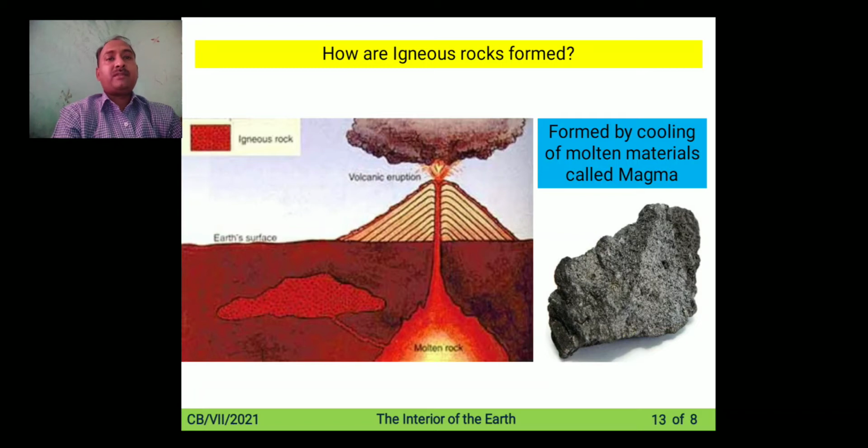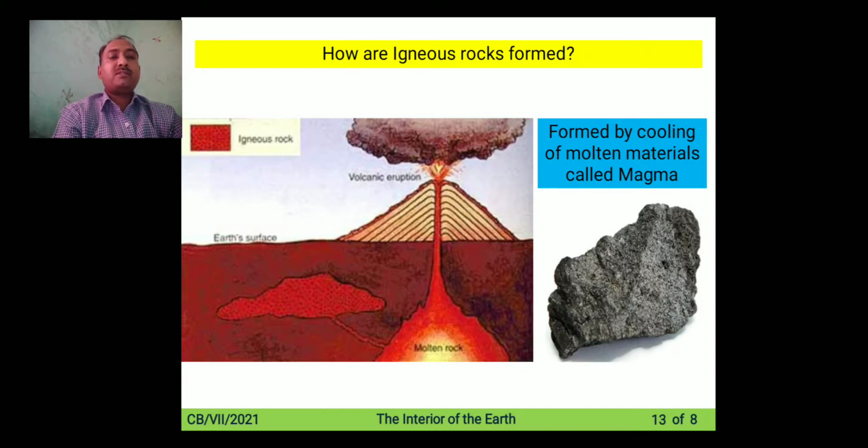Let us see. Here is the information about how our igneous rocks are formed. As you know, there is a high temperature inside the earth, and semi-liquid molten lava is also found inside the earth.